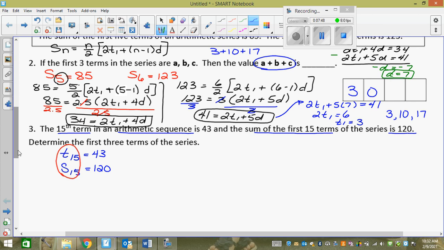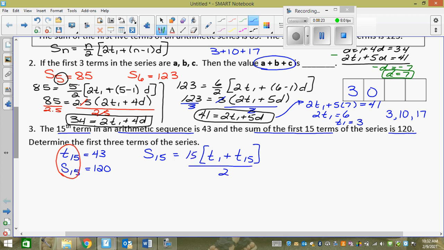So I can go S15. S15 equals 15 divided by 2, T1 plus T15, right, technically? Or some of you wrote it like this, 15 in front divided by 2, same thing.